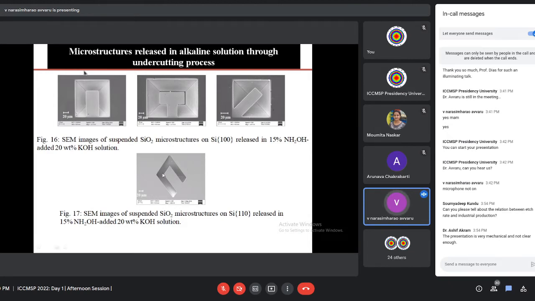See the images here. This is all on the 100 surface. This is the 110 surface. The modified solution with NH2OH addition can be used directly in industrial production of MEMS microstructures with high-speed etching.